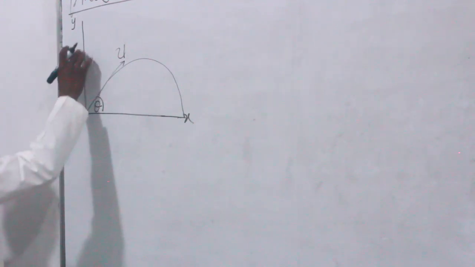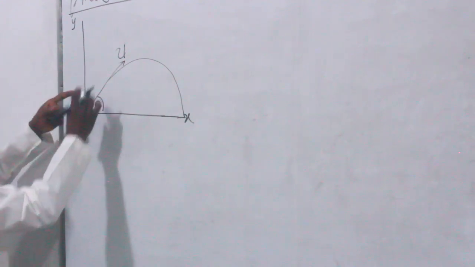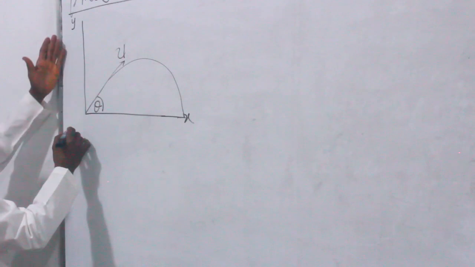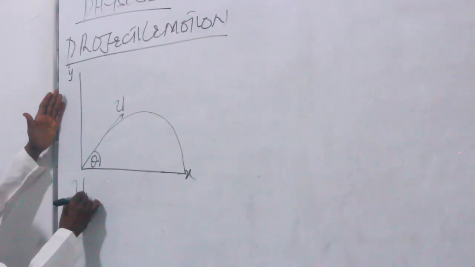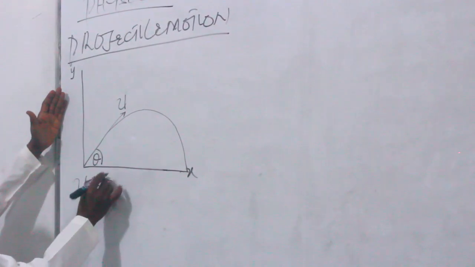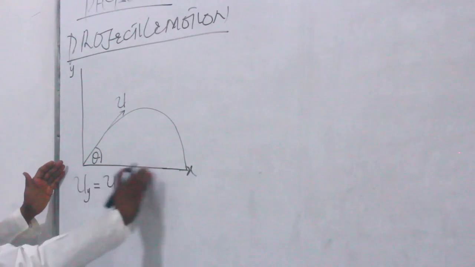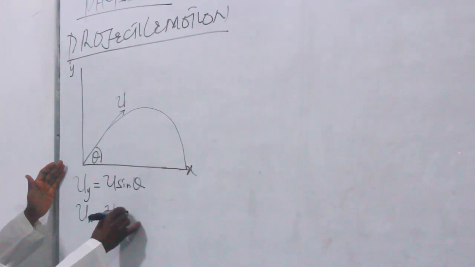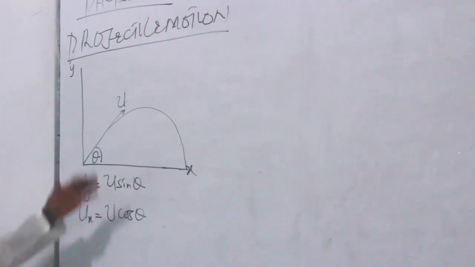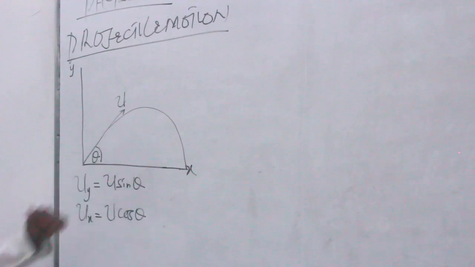So the resultant resolved component of this velocity to the vertical, let's say uy, is given as u sine theta, while the horizontal component ux is given as u cos theta, for the particle to have both vertical and horizontal components.